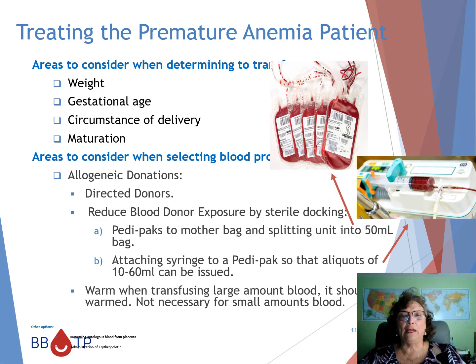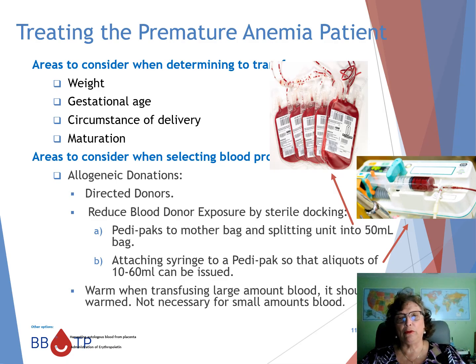We utilize a situation where we will use PD packs, where we sterile dock to the mother unit additional units so that we can separate them off into 50 mL bags. In addition to that, we will take just one PD pack and then pull off syringe use.